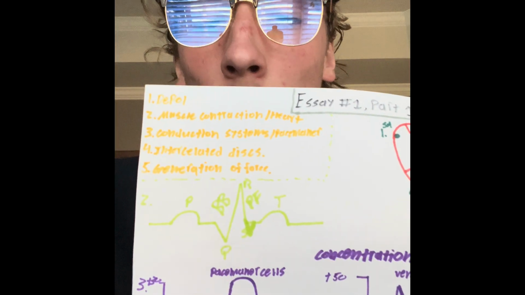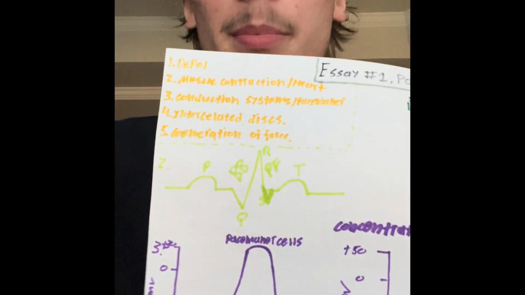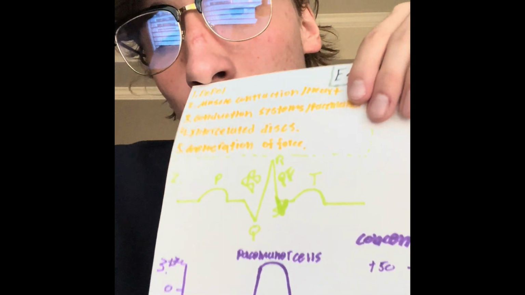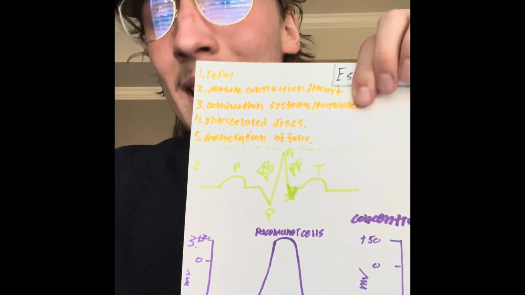Let's focus on this pacemaker action potential first. At the beginning of this, I said that the SA node is the pacemaker of the heart, right? You'll notice how this pacemaker cell doesn't really have a resting membrane potential.